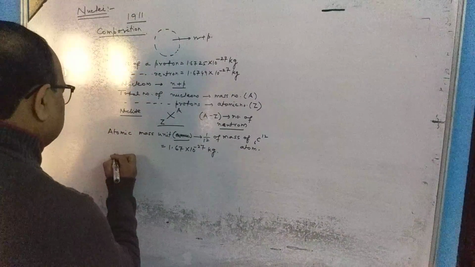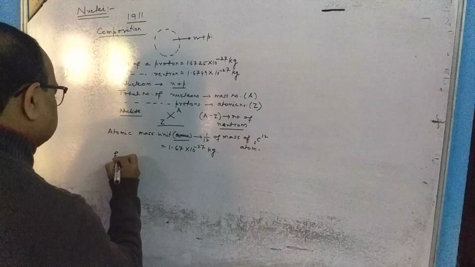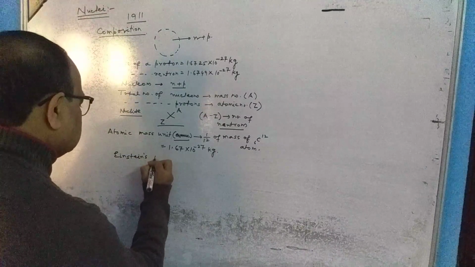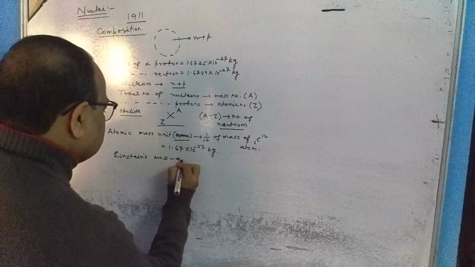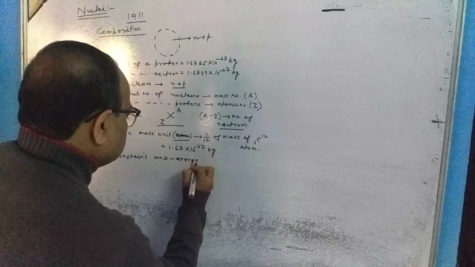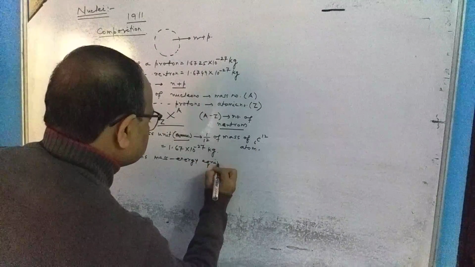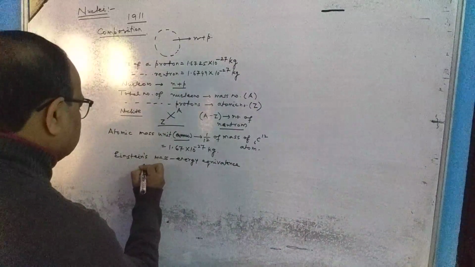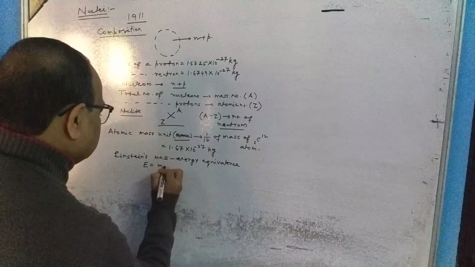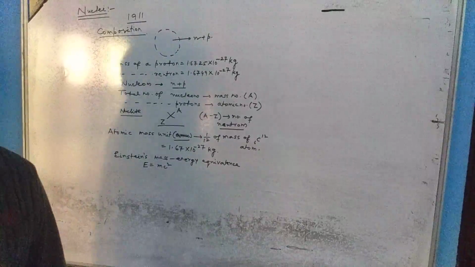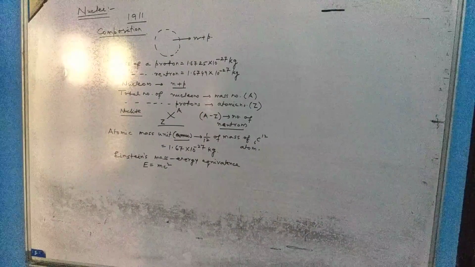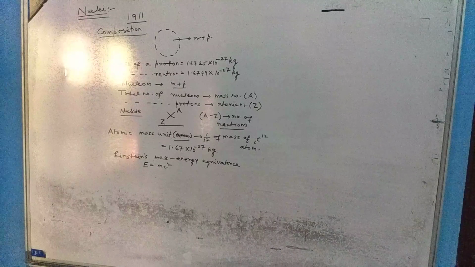Now, if I use here Einstein's mass energy equivalence, all of us know that E is equal to m into c square. I want to do a calculation here.